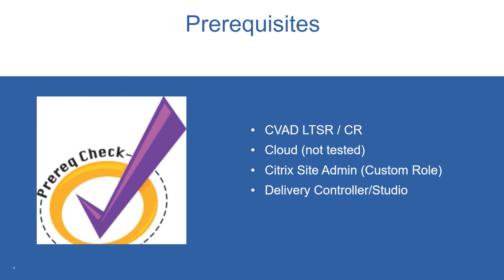It's easiest to install on a delivery controller, but really you just need the PowerShell Citrix SDKs. That usually happens when you install Studio. So this doesn't have to run from a delivery controller. Really the easiest way is, if you have a scripting VM, to just install Studio, and that will install all the PowerShell CVAD SDKs from Citrix that you need to run. And obviously, you need to be able to talk to the delivery controllers.